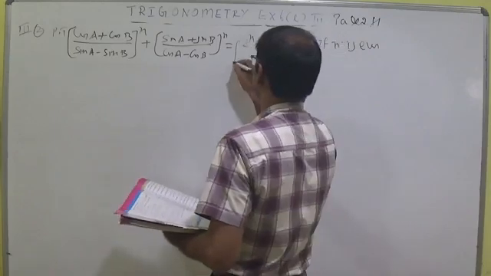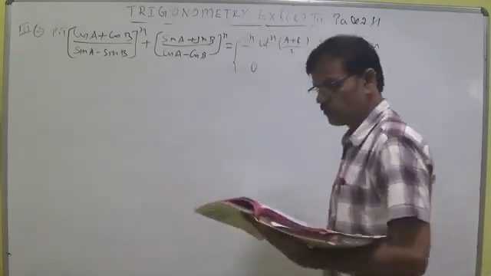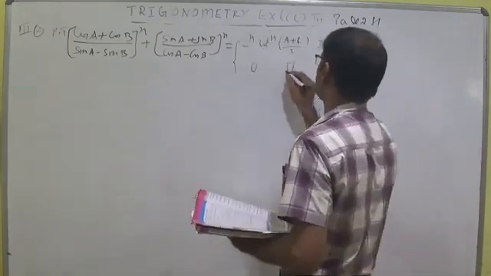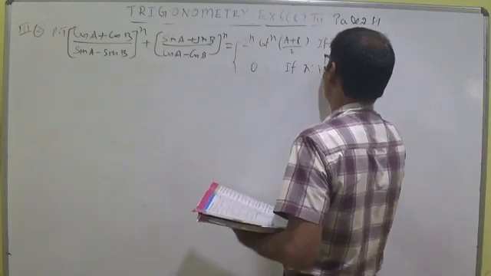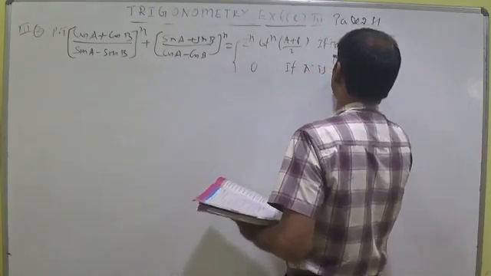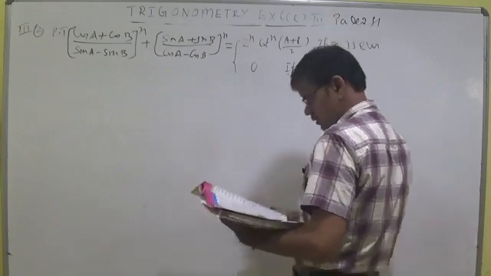The same question is there in objective level 2. You will get 0 if n is odd.